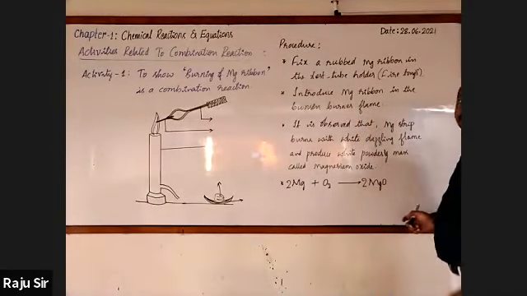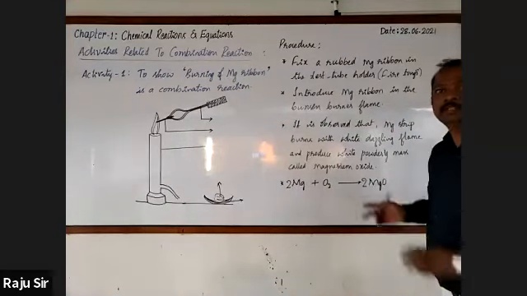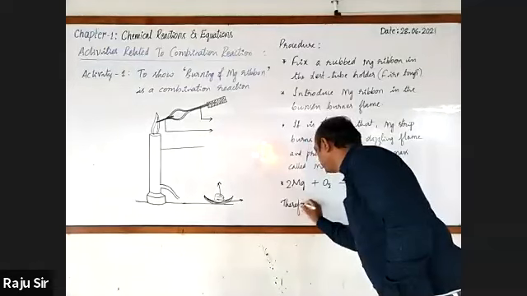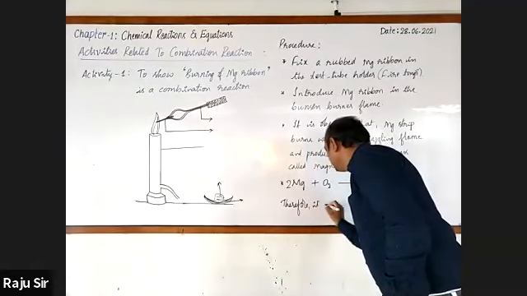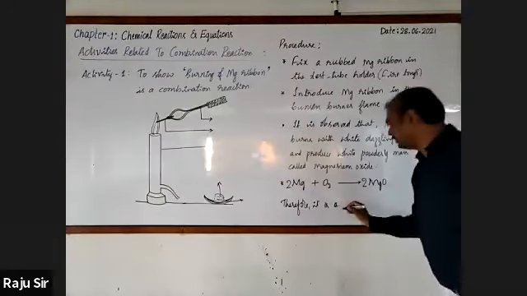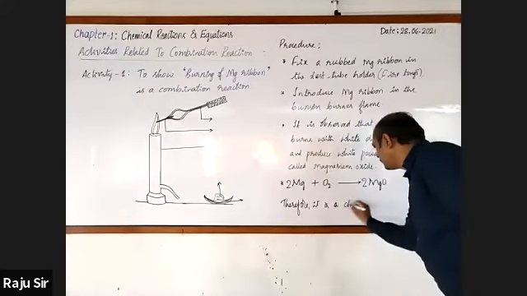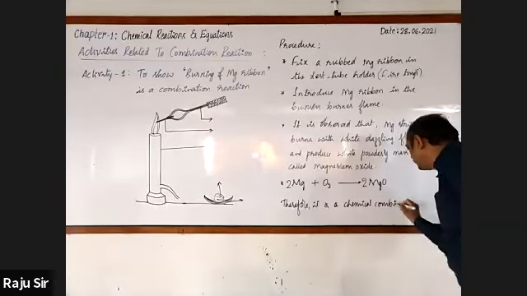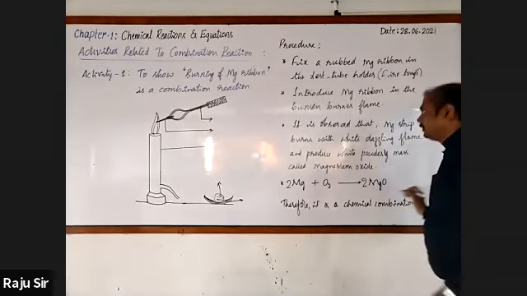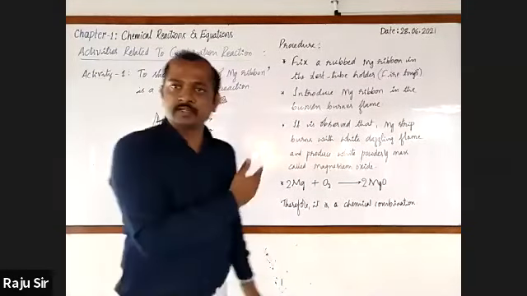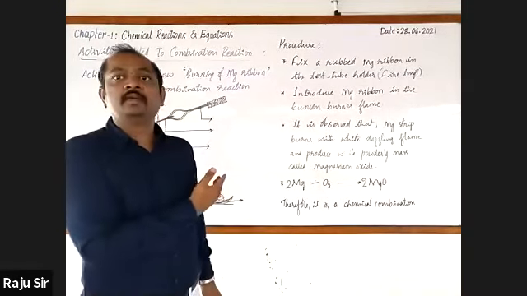Therefore, it is a chemical combination. Therefore, burning of magnesium ribbon is a chemical combination. Okay, this much should be written. Is it not simple? Yes.